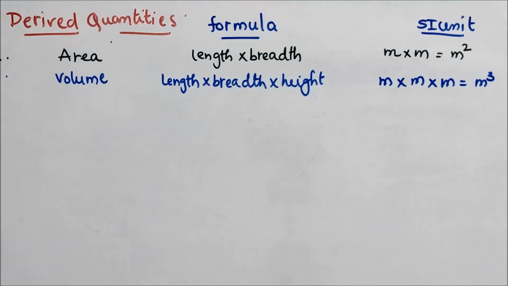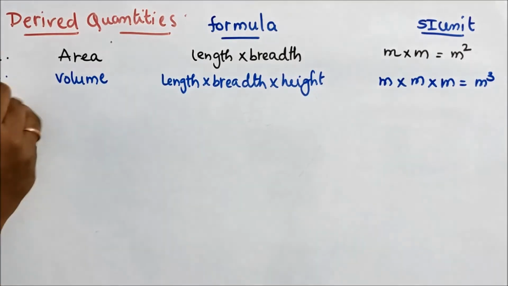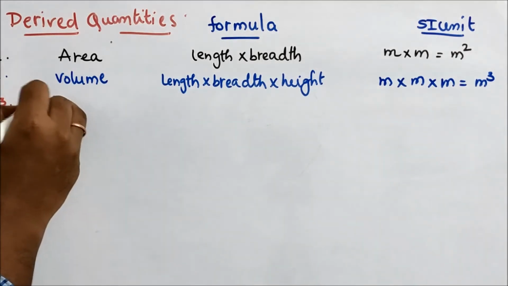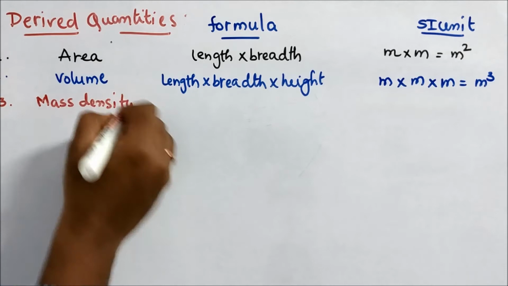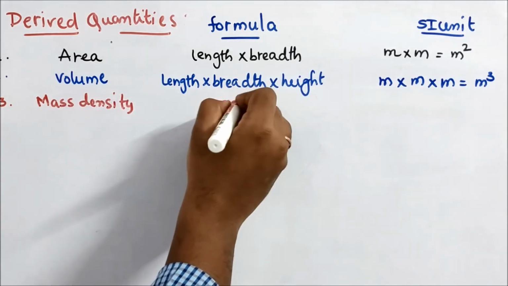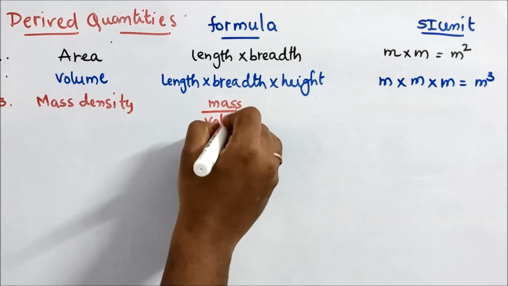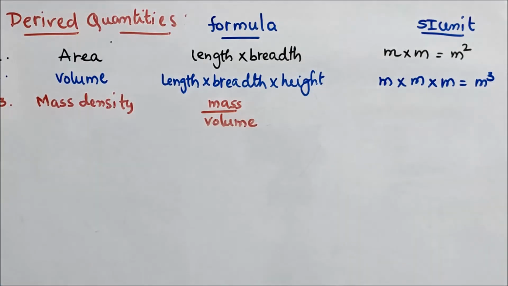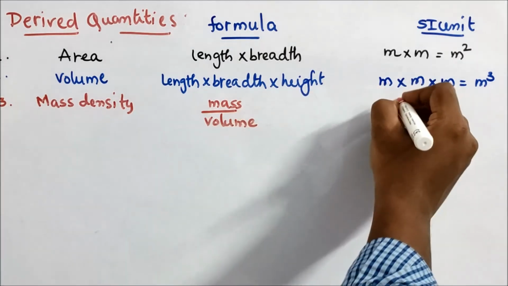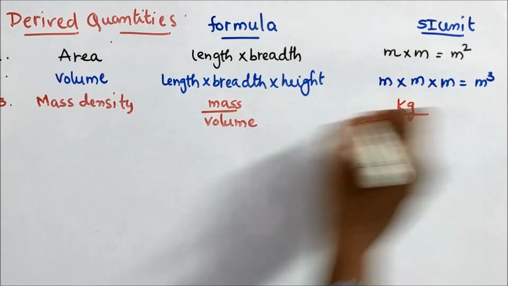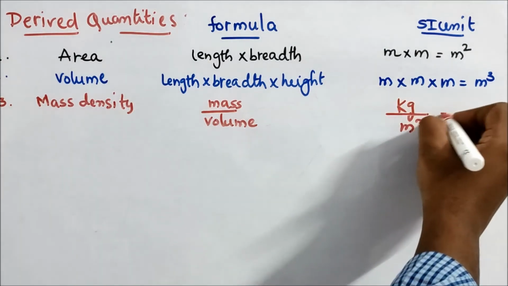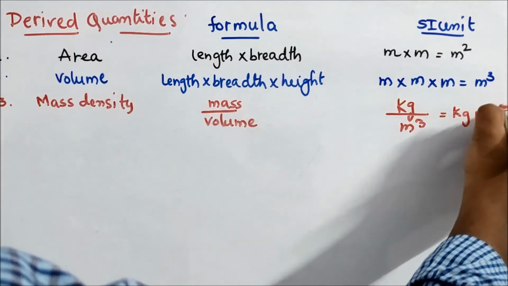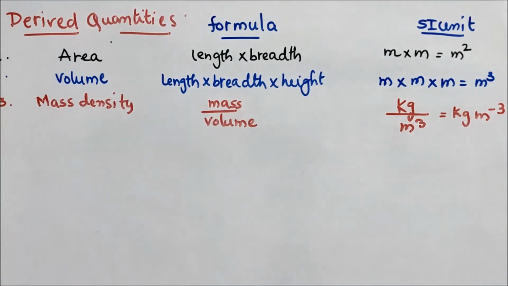Let's take one more example: mass density. The formula for mass density is mass per volume. The unit for mass is kg and the unit for volume is meter cube. So the unit is kg per meter cube for mass density.